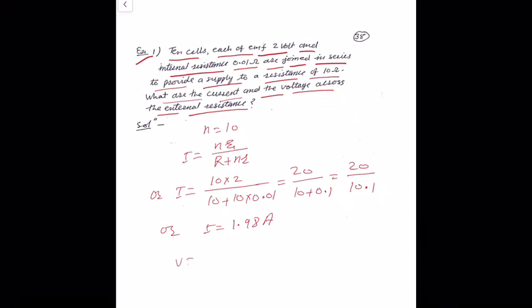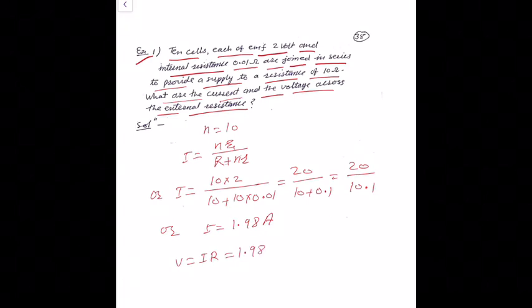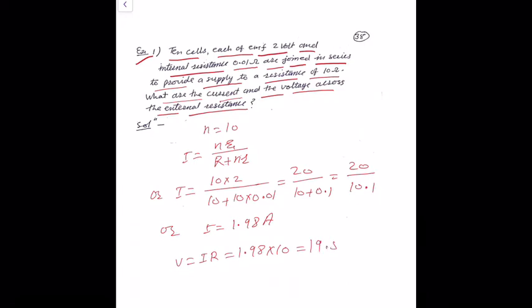So the voltage across the resistance R, V = IR = 1.98 × 10 = 19.8 volt.